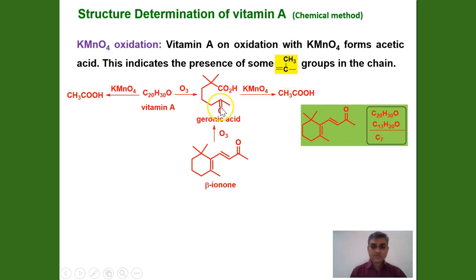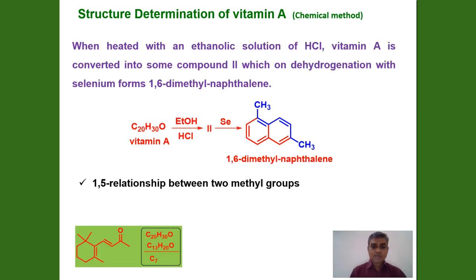So with the isoprene rule in combination with this, we can assume that somewhere in vitamin A we should have a carbon-carbon double bond with a CH3 group attached to it. Now, how many CH3 groups are attached and what are their positions with respect to each other? For that, one interesting experiment was performed, and it is nothing but selenium dehydrogenation.